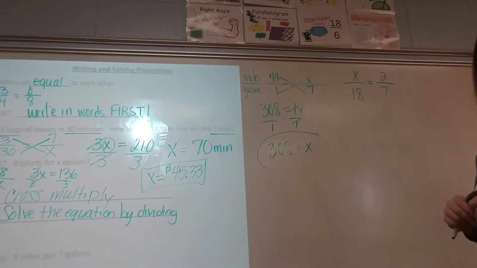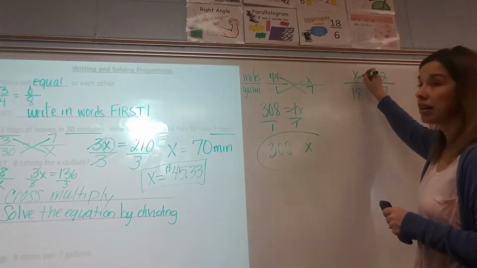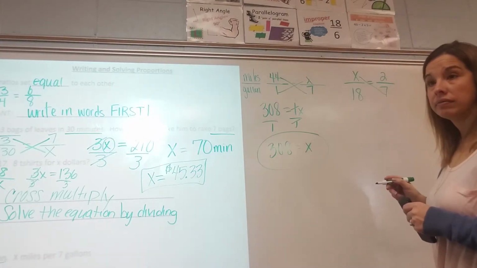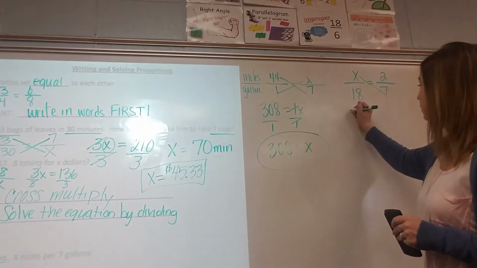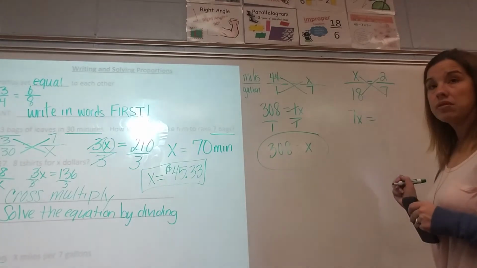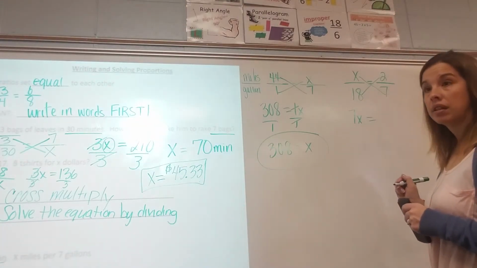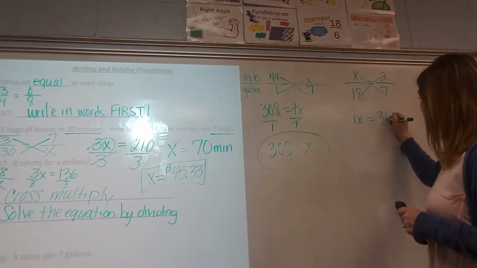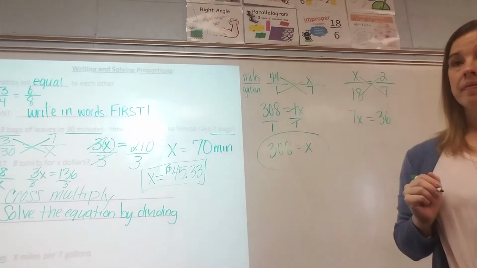So now to cross multiply. What's X times 7? 7X, right? Equals 18 times 2, which is 36. Can you take it from there?